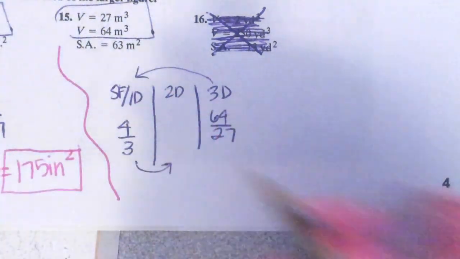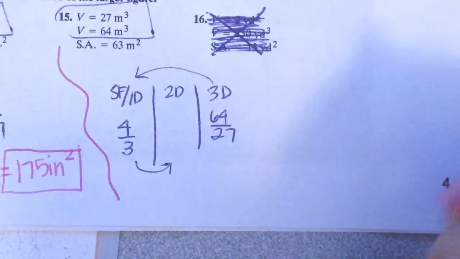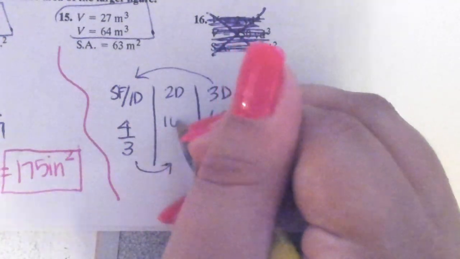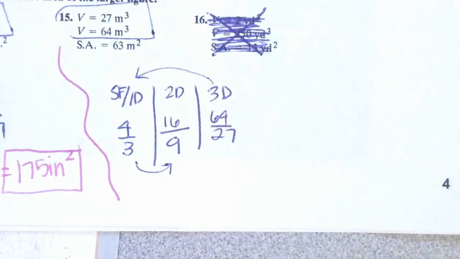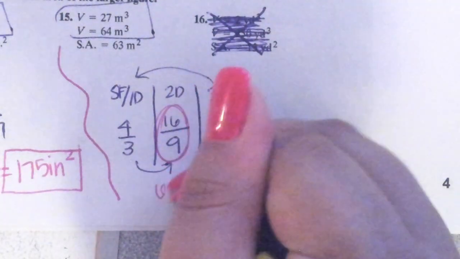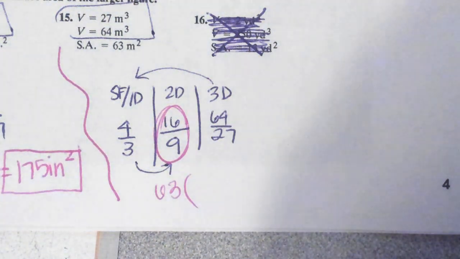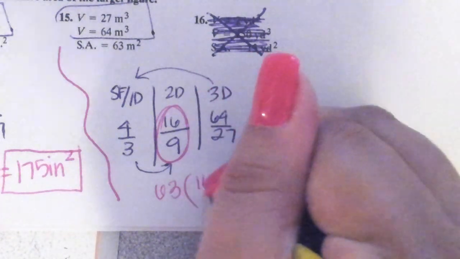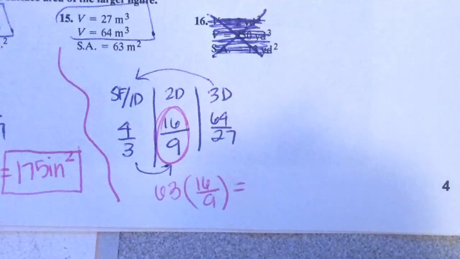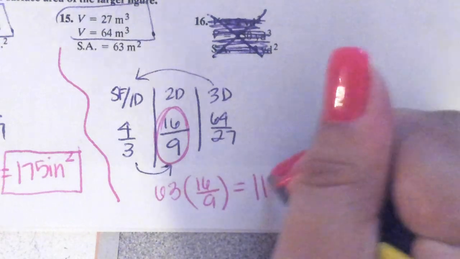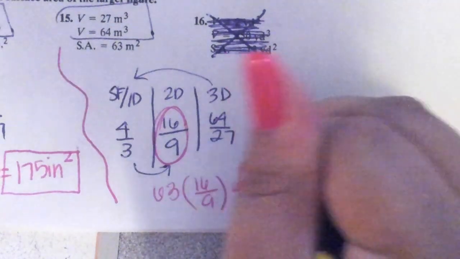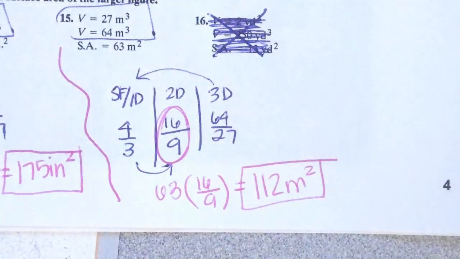So to find the surface area, what's my ratio? So I have 63. I'm looking for the larger, so I'm going to keep the number on top. And what do I get? 112 meters. Does that make sense? Yeah. Okay. Can I change this? Yeah.